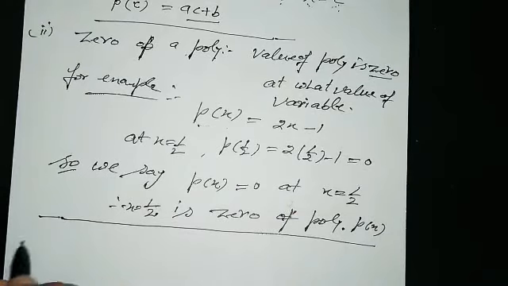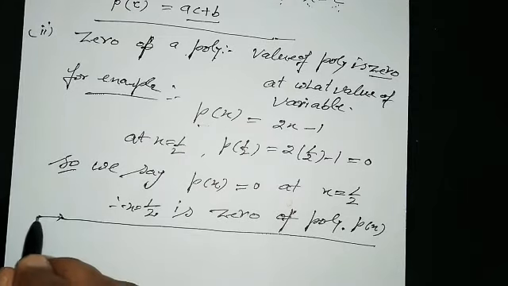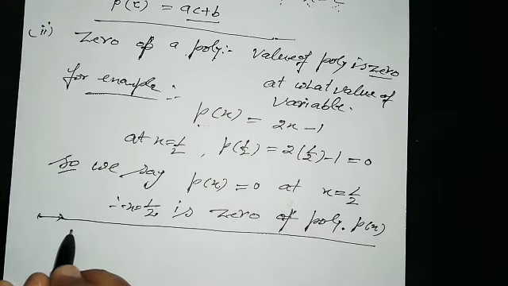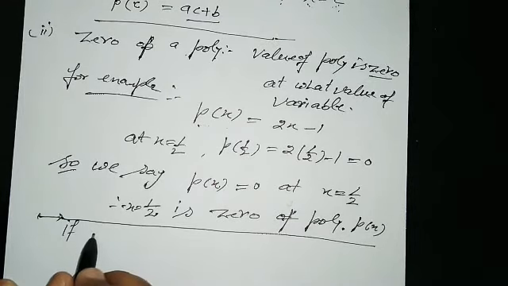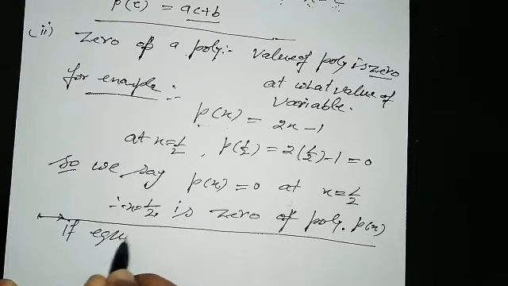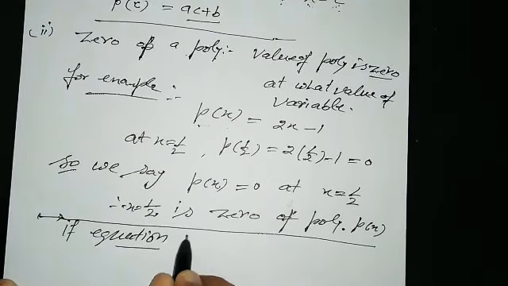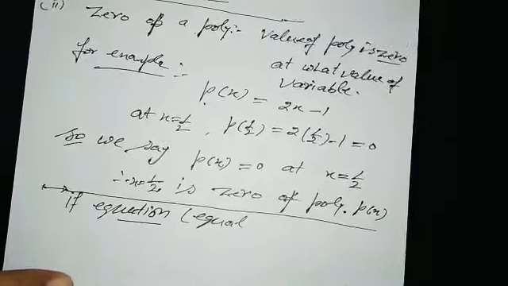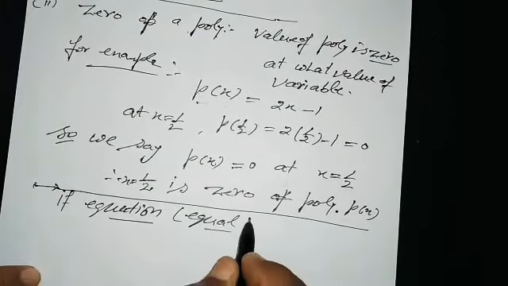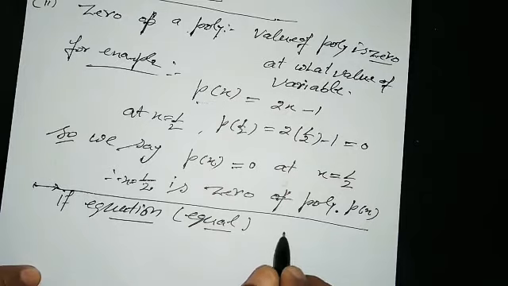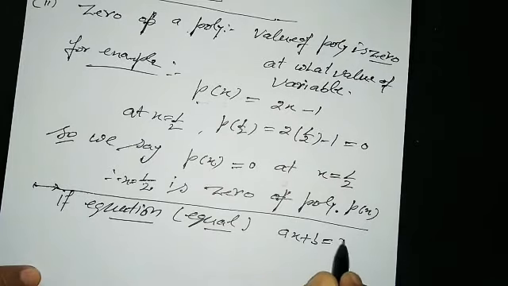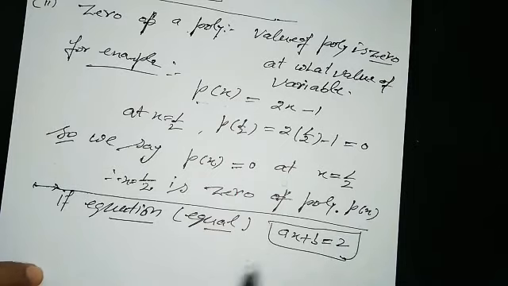So in next class, in 10th class, we will study about roots. I will just make a point here. As you know, if I use the word equation, what is equation? In any algebraic equation, the sign of equal to exists, right? Means if you have a polynomial ax plus b equal to 2, this is an algebraic expression. This expression is called equation.